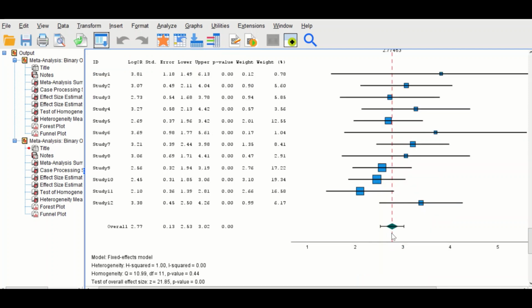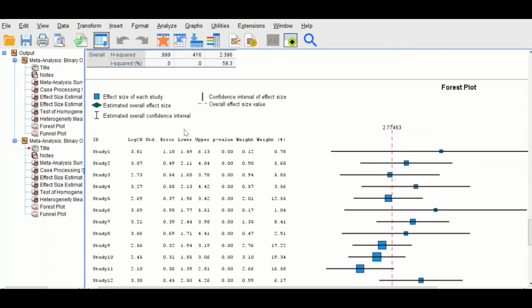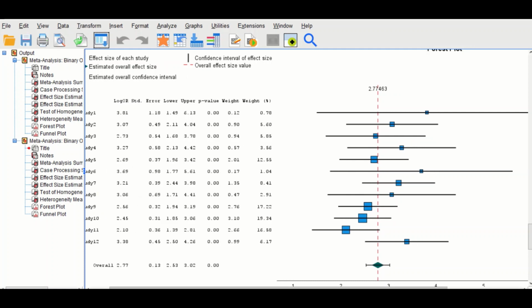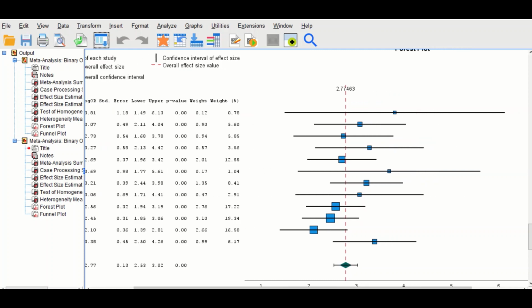The diamond here is the overall or pooled effect size, and for each study there is a horizontal line which reflects the confidence interval. So this is the estimate effect size for each study, and the horizontal line is the 95% confidence interval, with a lower and upper limits or value.